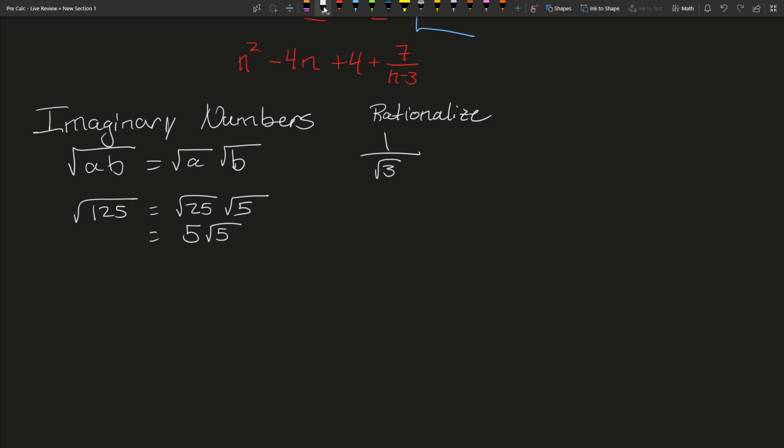In order to rationalize that, you have to multiply by the denominator over itself. So we would multiply 1 over root 3 times root 3 over root 3. When we do that, we get root 3 over root 3 times root 3, which just simplifies to root 3 over 3.